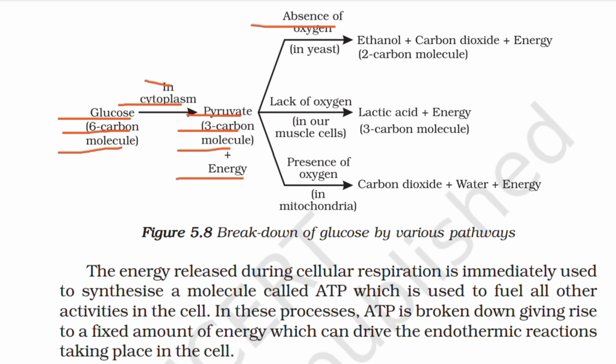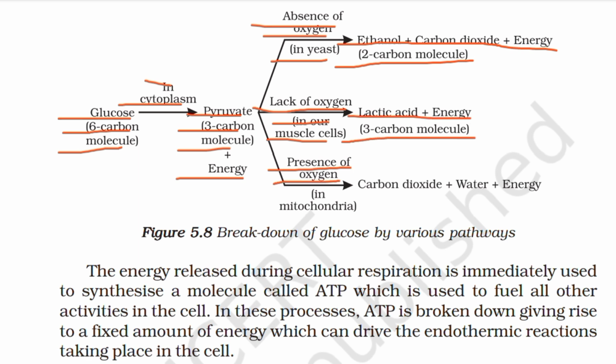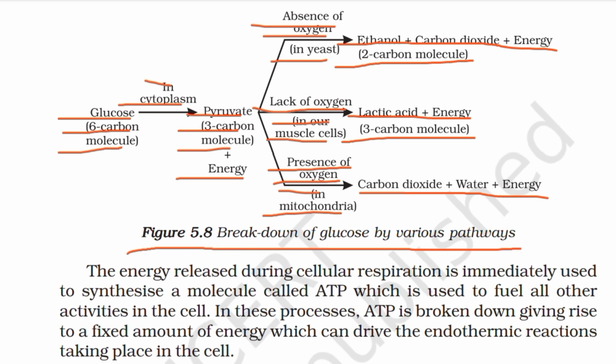Absence of oxygen in yeast: ethanol plus carbon dioxide plus energy, 2 carbon molecules. Lack of oxygen in our muscles: lactic acid plus energy, a 3 carbon molecule. Presence of oxygen in mitochondria: carbon dioxide plus water plus energy. Figure 5.8. Breakdown of glucose by various pathways.